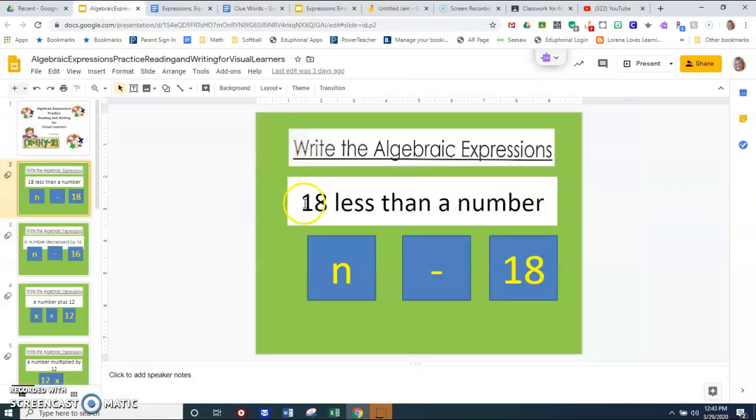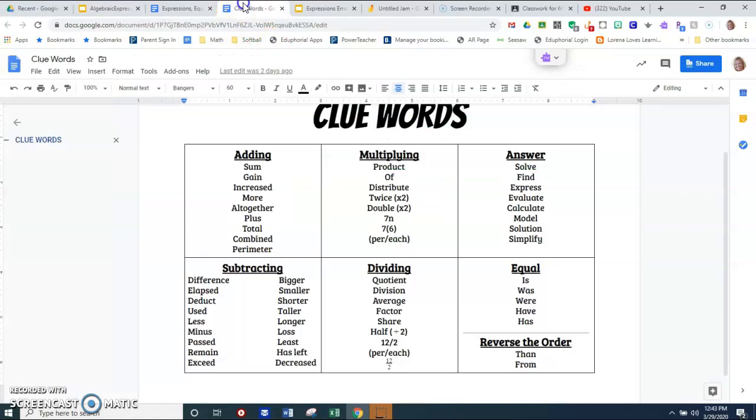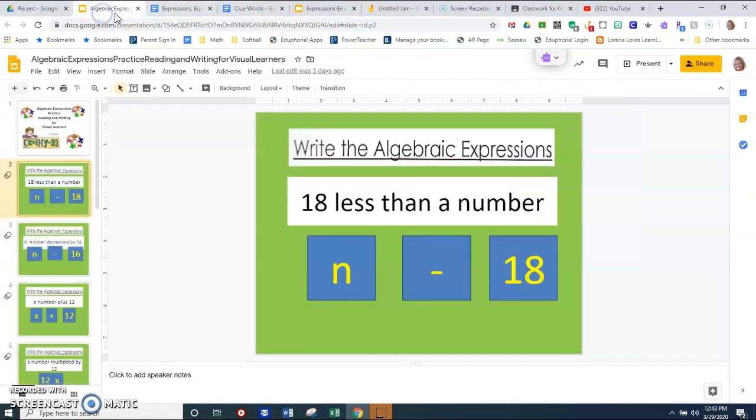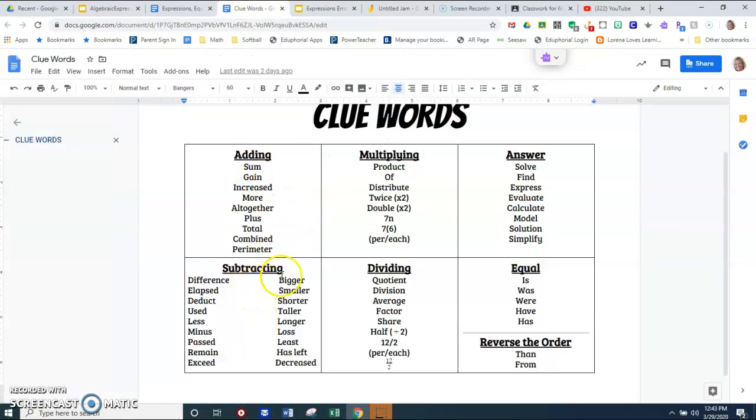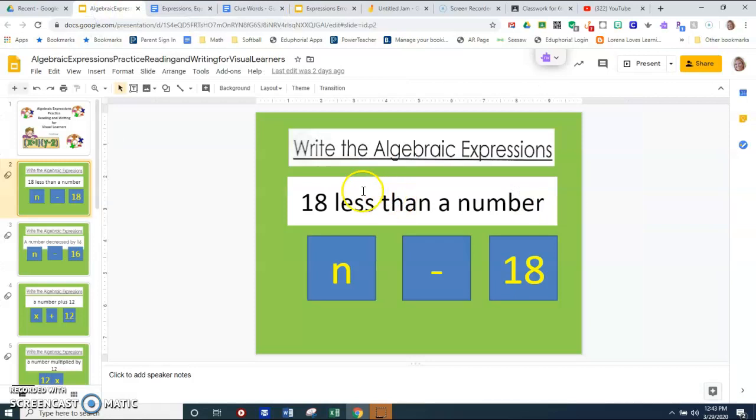So looking at these words, 18 less than a number. So that word than, when I go back to my clue words and I find the word than, that means reverse the order. And the word less means subtract. So now I'm going to reverse the order of that. So it's 18 less than a number. I don't know what the number is, so I'm going to use a variable to represent that. But I'm going to reverse them.